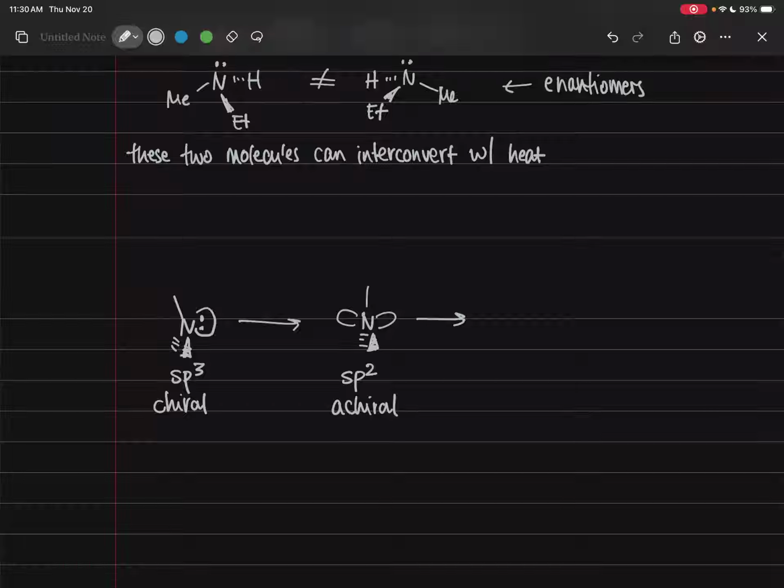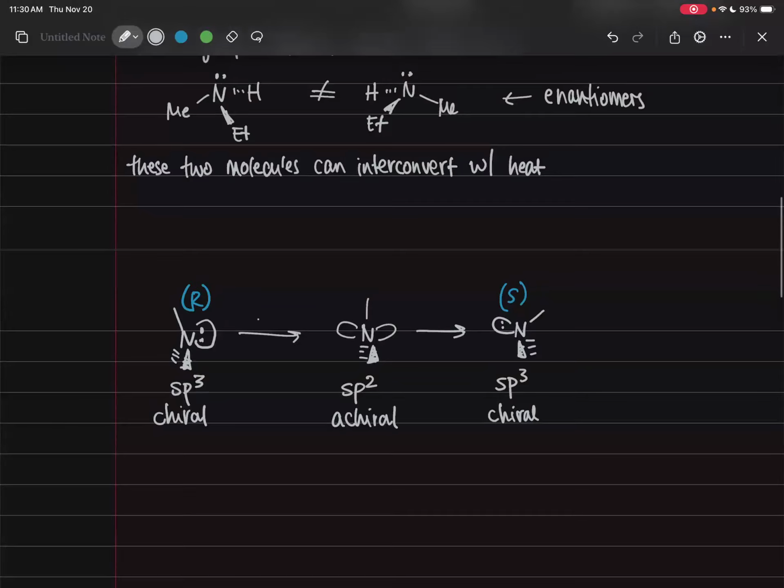And now we can push them off to the right, like that. This is now a mirror image of what we started with. Nitrogen is sp3 and is chiral. So if we said that the stereochemical configuration of the starting amine was R, then that means that the product is going to be S.